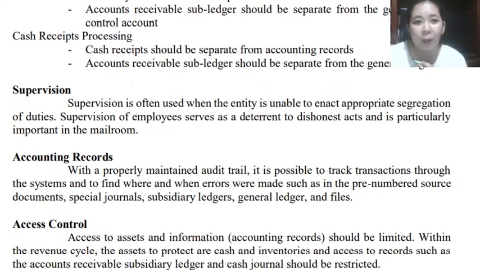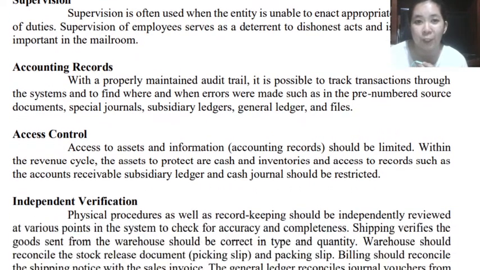For supervision, of course, this is often used when the entity is unable to enact appropriate segregation of duties. Okay, so supervision of employees serves as a deterrent for dishonest actions, and is particularly important in the mailroom because they are the ones who are receiving the remittances from our customers.